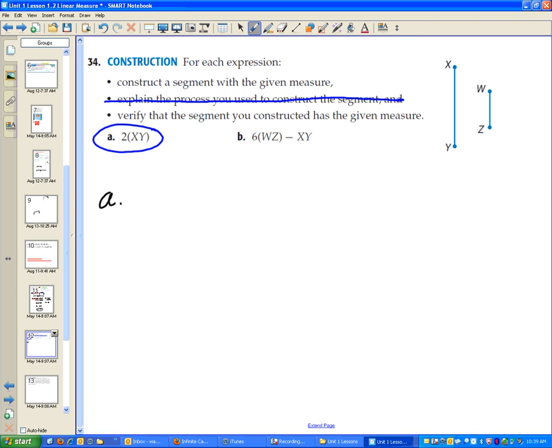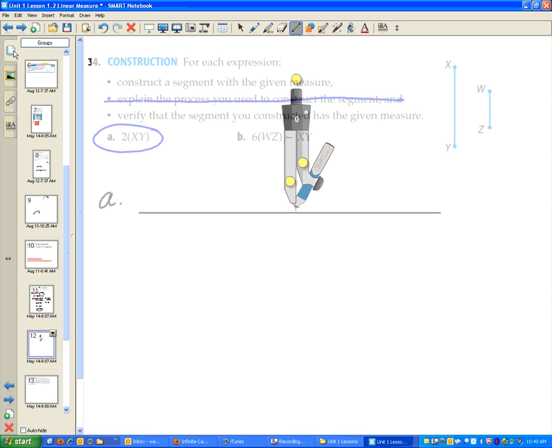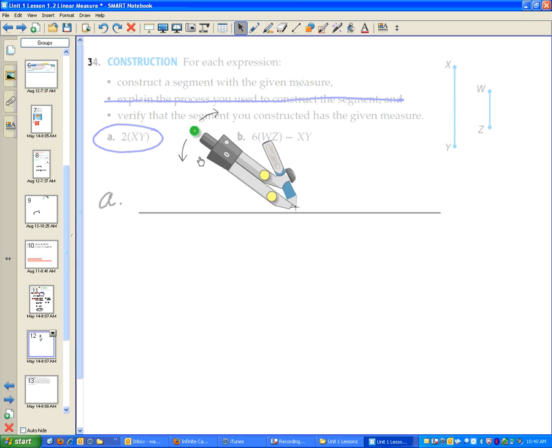First of all, let's make a segment using your straight edge that's really long. Then we take our compass, and I need to use it to measure xy, don't I?